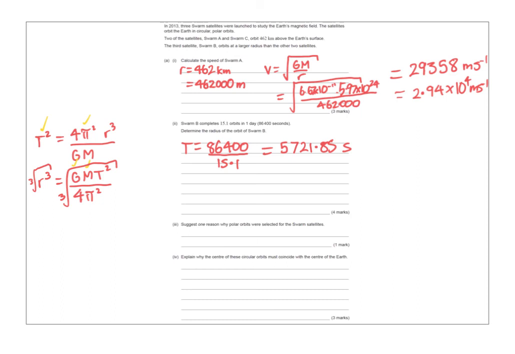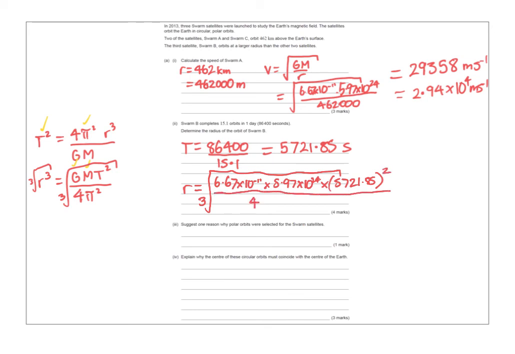So basically I need to put this number into this formula, and we should be at the answer. So let's go. Radius is equal to the cube root of 6.67 times 10 to the minus 11 times 5.97 times 10 to the 24 times 5,721.85, which is still in my calculator, so I'm just going to use that number, and that's got to be squared, divided by 4 pi squared.